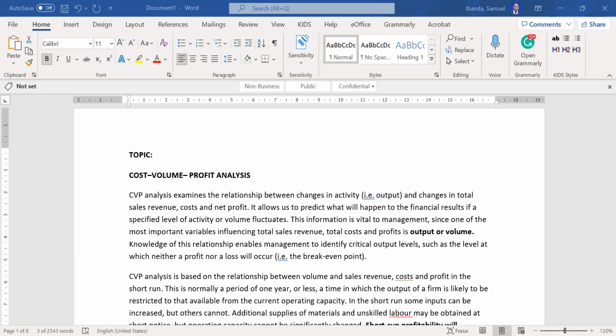I want us to first understand these terms in detail and see how we can apply knowledge using these.